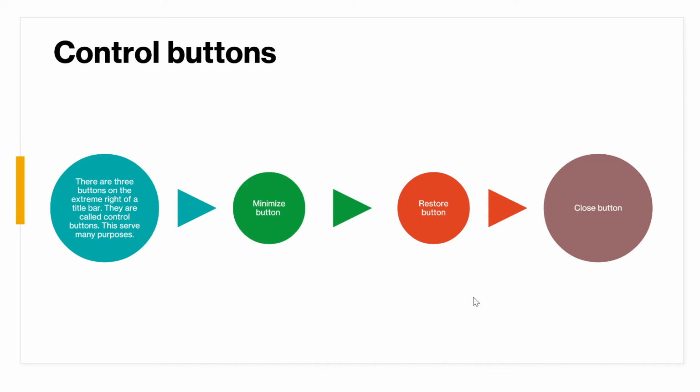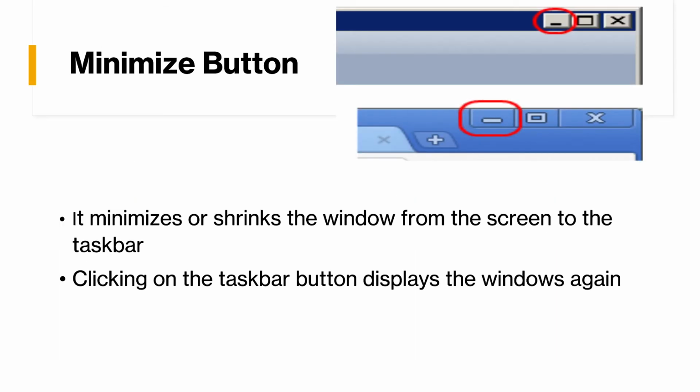So you can see in the extreme right there are 3 buttons of the title bar. You can see the minimize button, the restore button, and the close button.